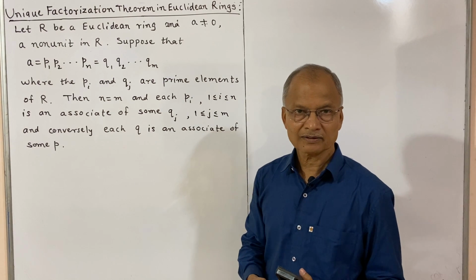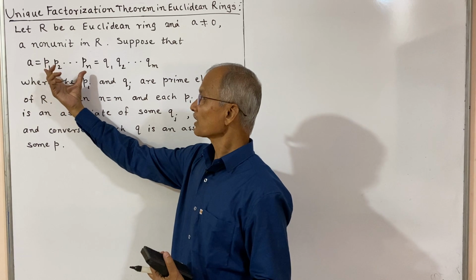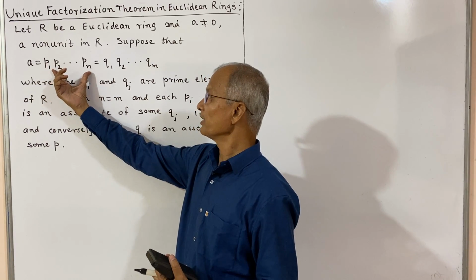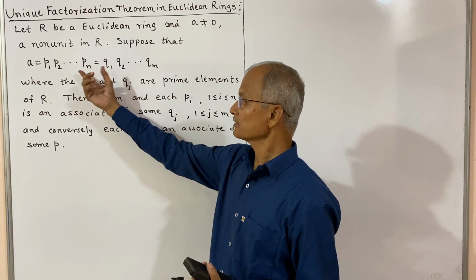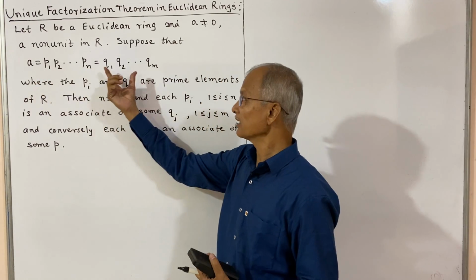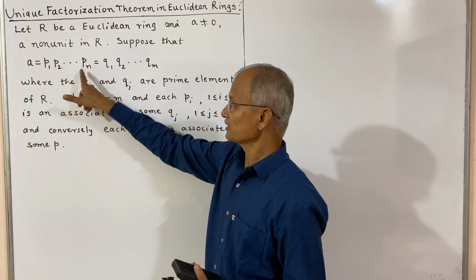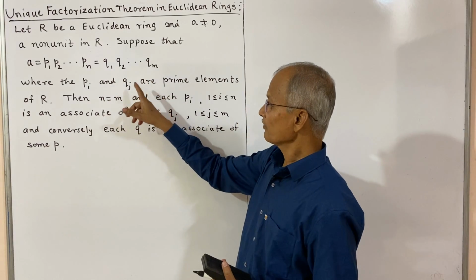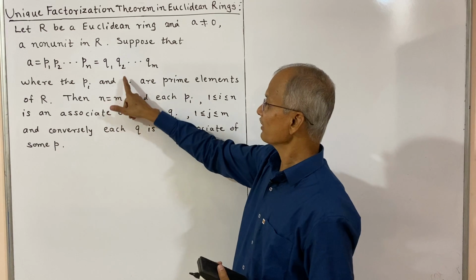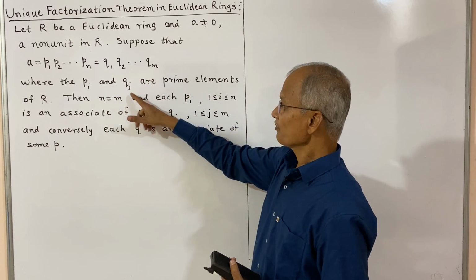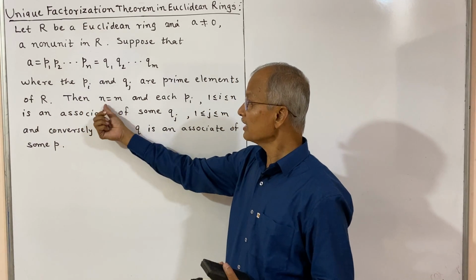You may refer to that theorem also, and thus here we have written A as a product of prime elements in two ways, P1, P2 up to Pn, and the same element A is written as Q1, Q2 up to Qm, where the Pi's and Qj's, where i takes values 1 to n and j takes values 1 to m, are prime elements of R. Then n is equal to m.